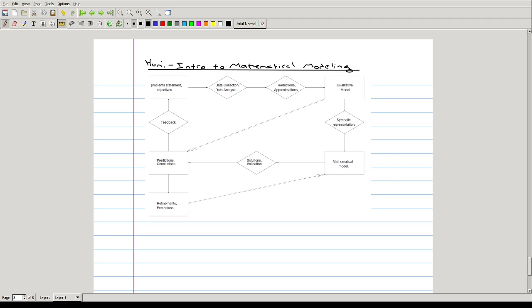This is a very nice diagram showing us exactly what constitutes a mathematical model, with steps 1 through 5 being this upper triangle right here, and the steps that we'll be focusing on in the course being the lower half of this triangle. And it really shows you how the modeling process is essentially a feedback loop, where if you're doing it correctly, you should be going around each one of these multiple times and refining your model, making predictions and conclusions, validating your model, and so on and so forth. But we'll really be focusing on the mathematics.